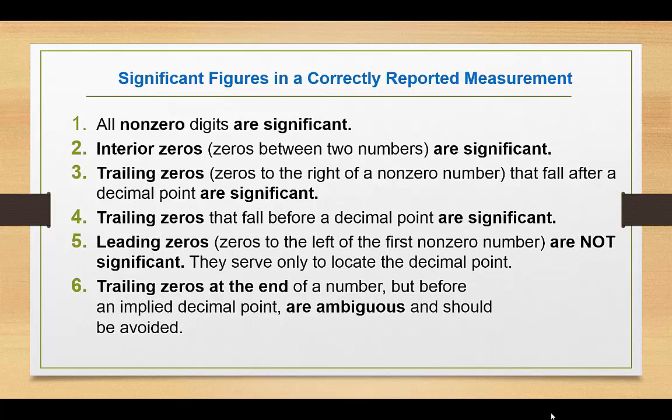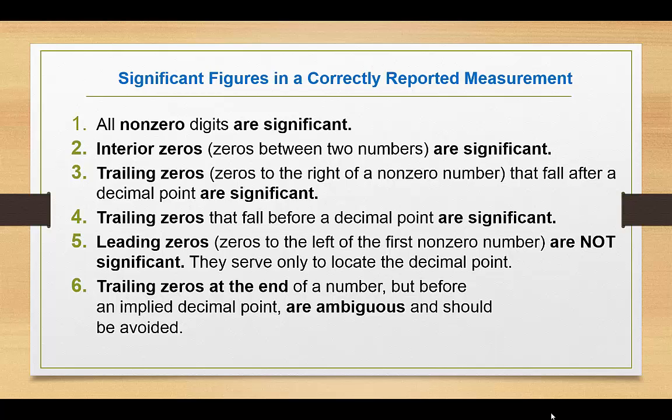But if I have zeros that are between two non-zeros, those are all significant. 101 would have 3 significant figures in it. The 1, the 0, and the 1. 2001, A Space Odyssey, there we go. 2001 has 4 significant figures. The zeros are between two non-zero numbers, 2, 0, 0, 1. Okay, so if they're in between two non-zeros, you count them.